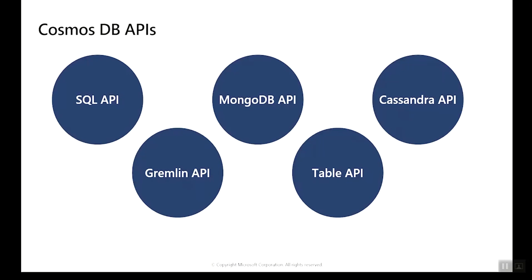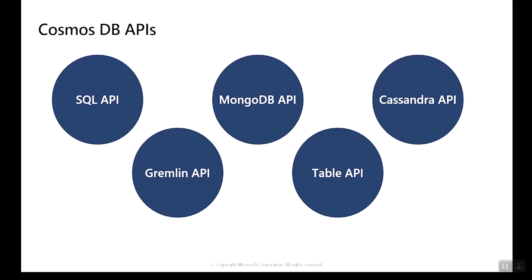The Table API is essentially an interface that allows you to use the Azure Table Storage API to store and retrieve documents. The purpose of this API is to allow you to switch from table storage to Cosmos DB without requiring you to modify any of your existing applications.